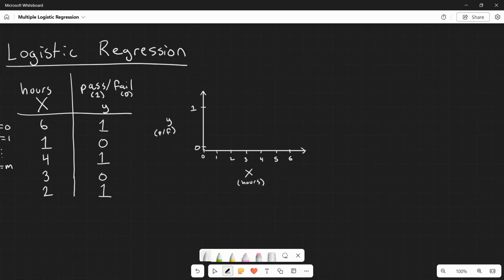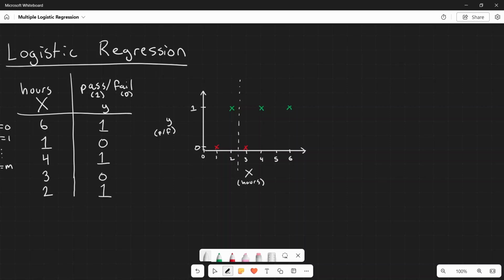With that notation out of the way, let's get into plotting these points on a graph. In this graph, the x-axis is the number of hours the student studied, and the y-axis is whether that student passed or failed the exam. The objective of logistic regression is to find some decision boundary where everything on one side of the boundary is of one class and everything on the other side is of another class.